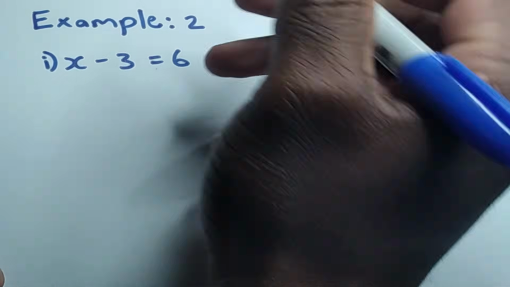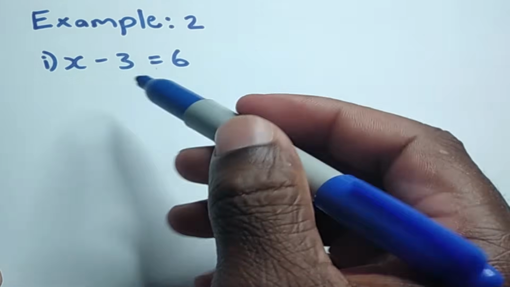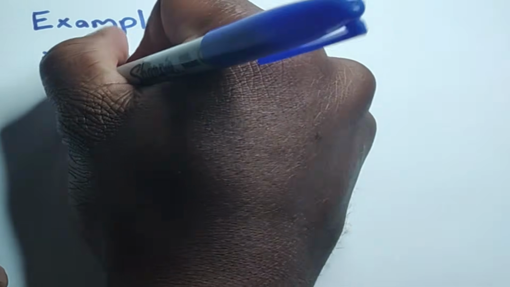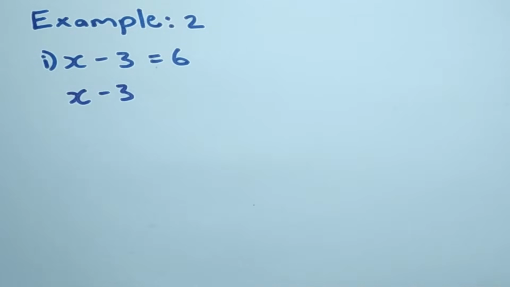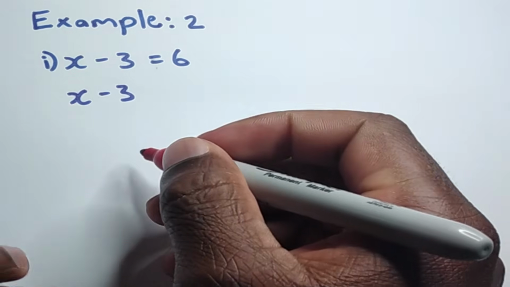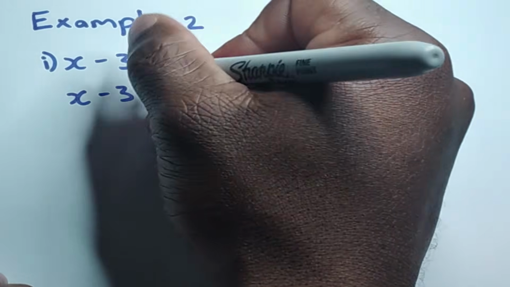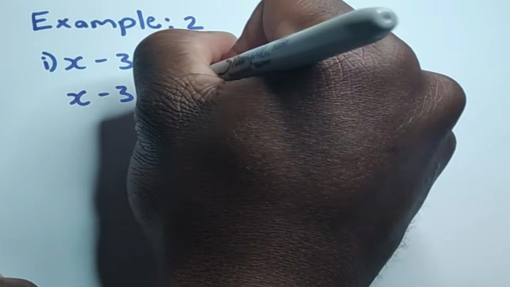And again, what we want to do is to make x the subject. That simply means we want the x on one side of the equal sign by itself. So we are going to simply get rid of this minus 3 right here. And to remove something, we are required to do the opposite of that thing. Alright, so if we want to get rid of this minus 3, we are required to do the opposite of minusing 3, which is to add 3.